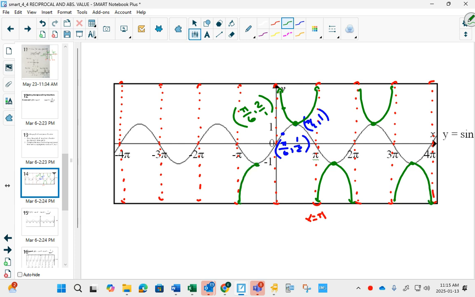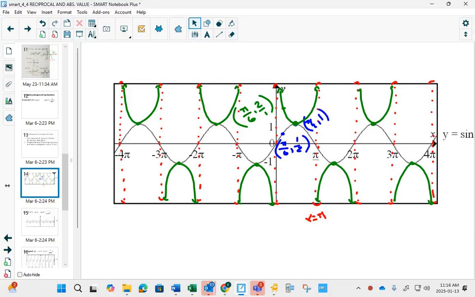Wherever it's -1, 1/-1 would stay the same. And this green graph is your cosecant graph. So we do our asymptotes wherever we have x-intercepts. We find some nice points, and then just have to draw things towards our asymptotes.